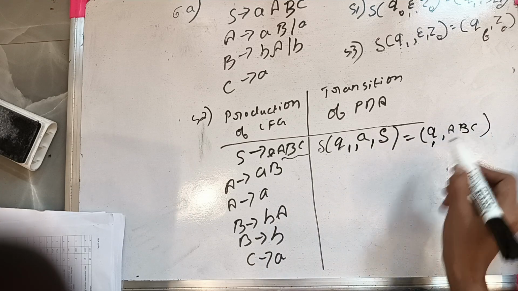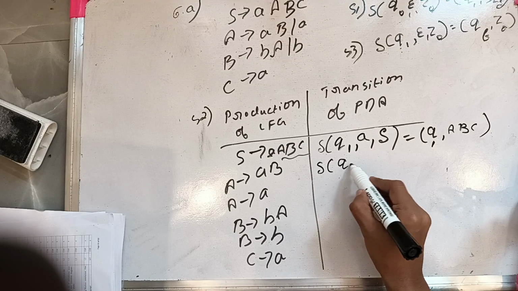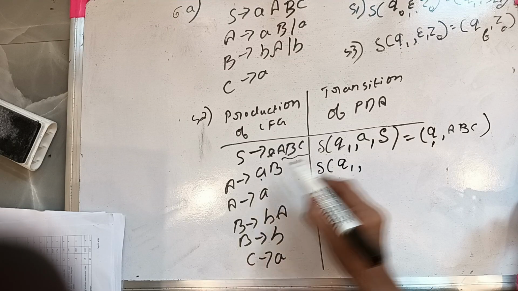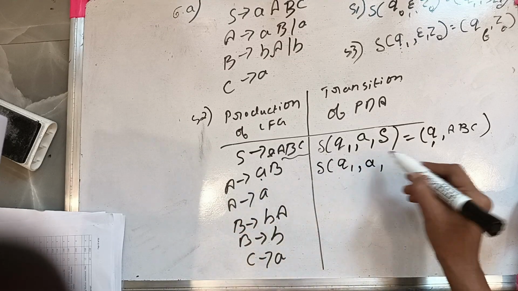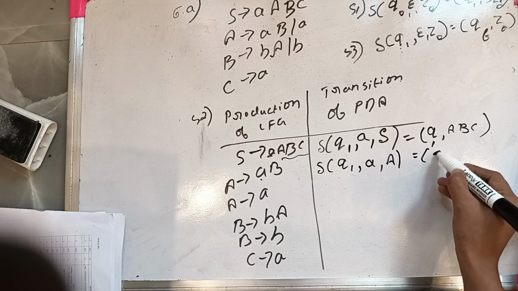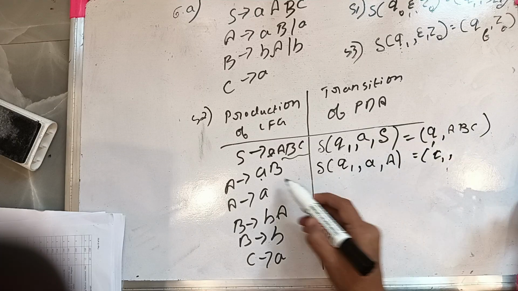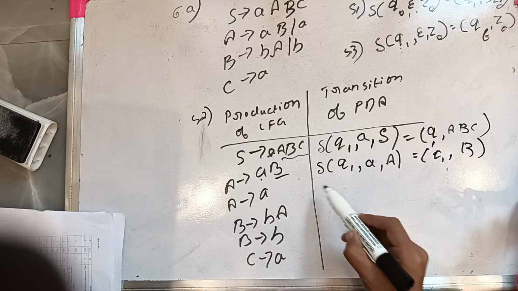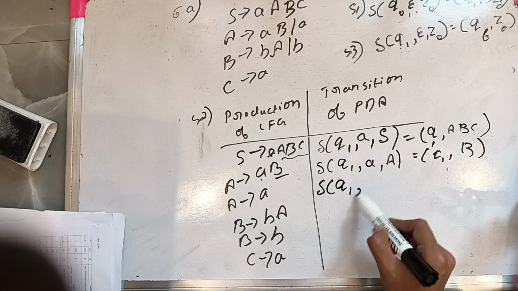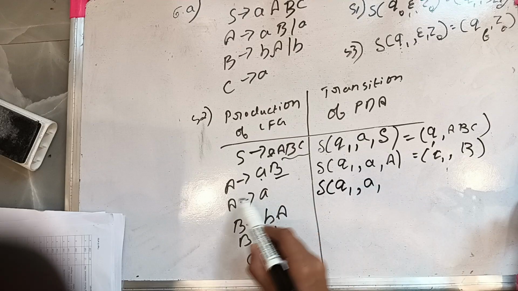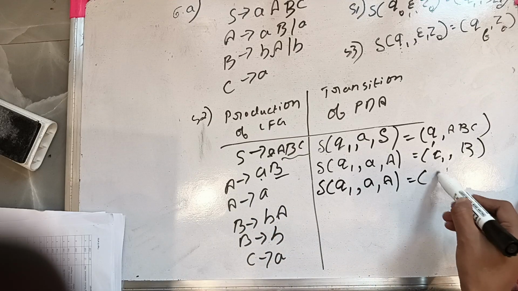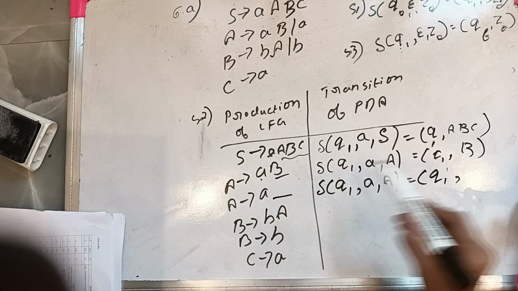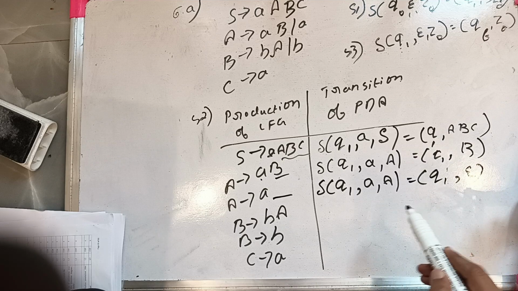Here it is q1, the input is A and produced by A, state is q1 itself and the remaining is B. For this q1 and A produced by A, q1 and the remaining is nothing, epsilon.